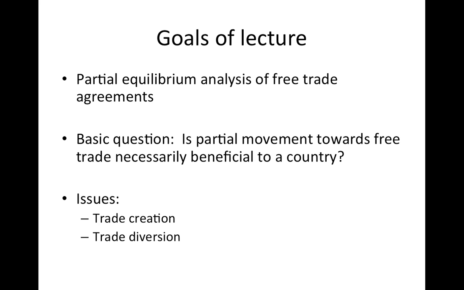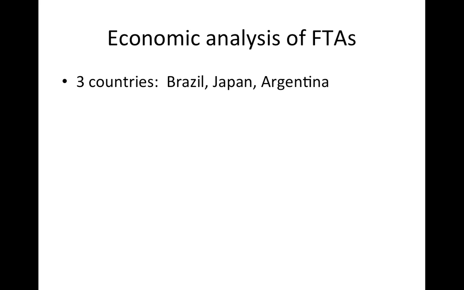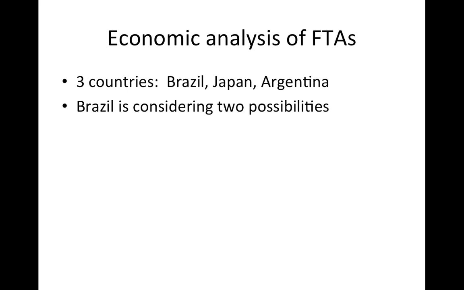country worse off. And in this context, we're going to be introducing two concepts, trade creation, which is the upside of the free trade agreement, and trade diversion, which is going to be the downside. So we're going to do this in the context of a three-country model where Brazil is going to be the importing country, and it's considering whether or not to have a free trade agreement, eliminate tariffs on either Japan or on Argentina.